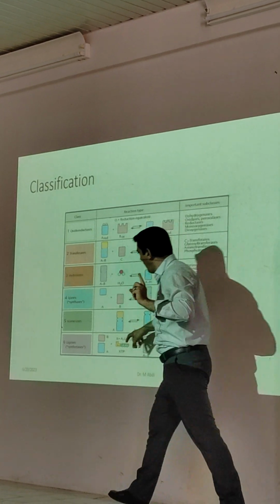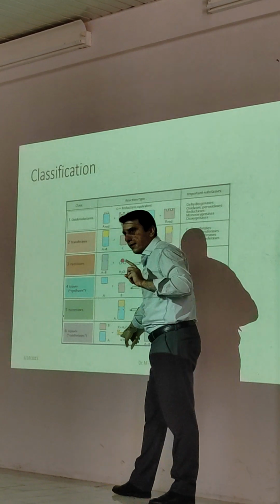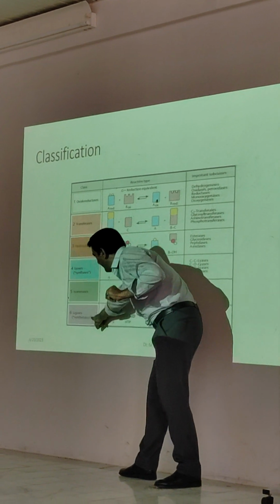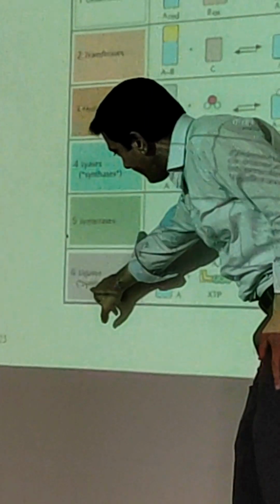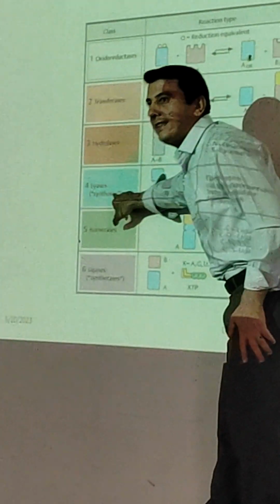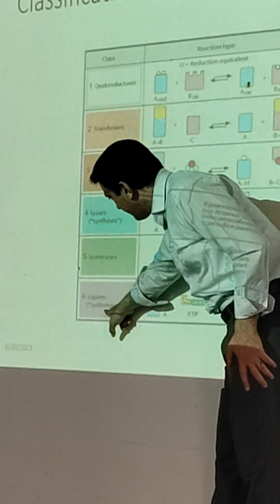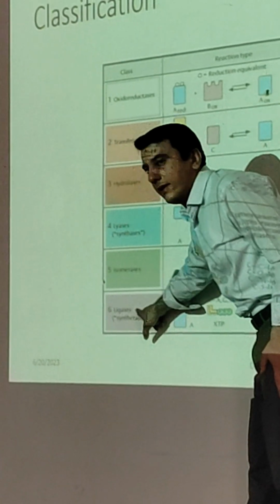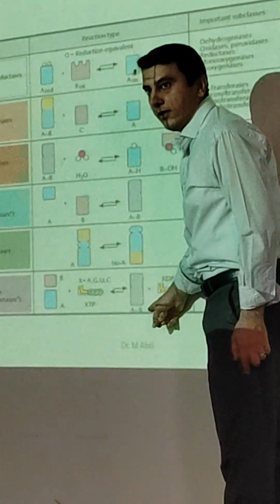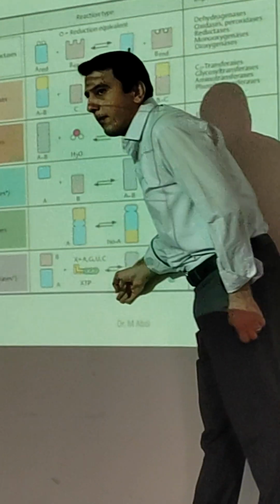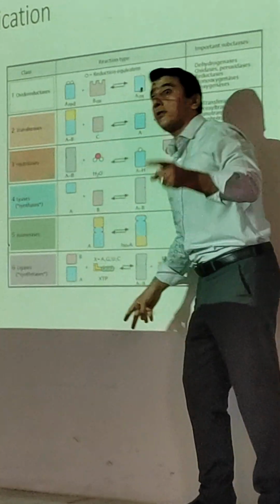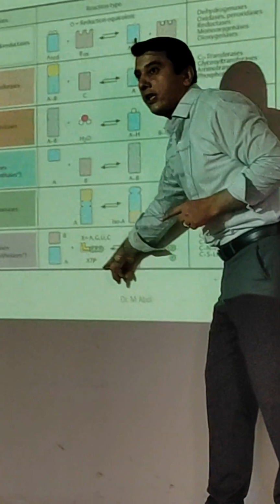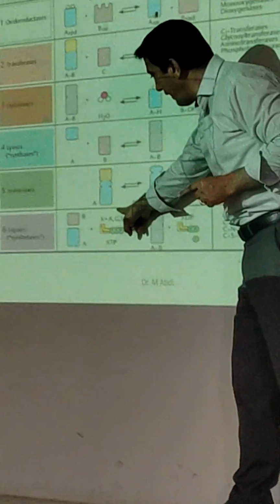And the last one is ligases or synthetases. Look at the difference between synthetases and synthases. We have an extra T in this enzyme. This type of enzyme can also link, join, attach two molecules, but with applied energy.